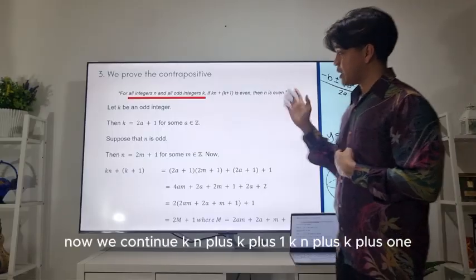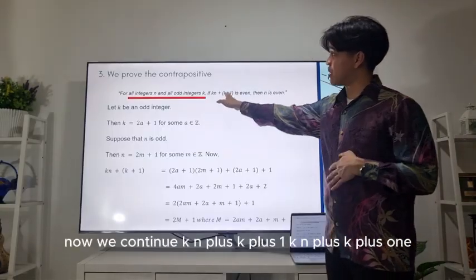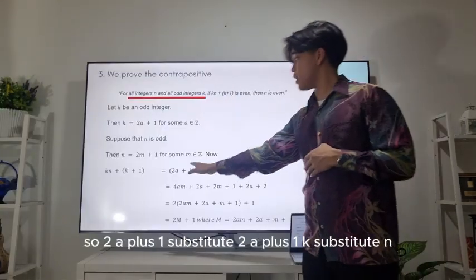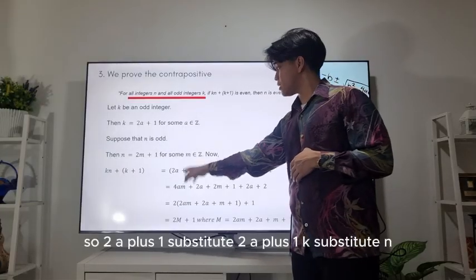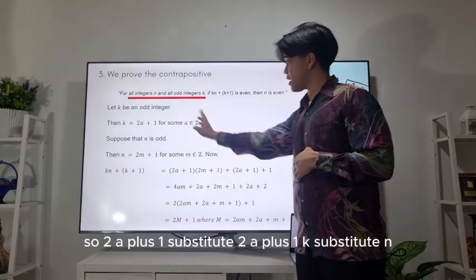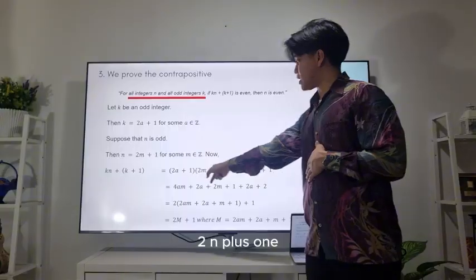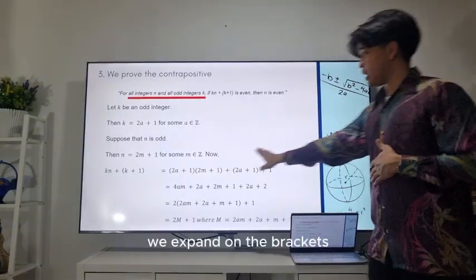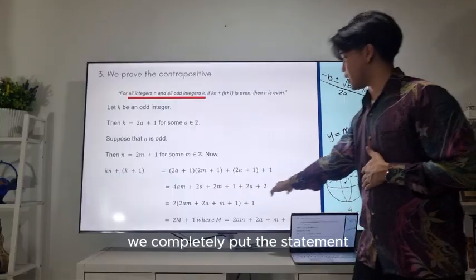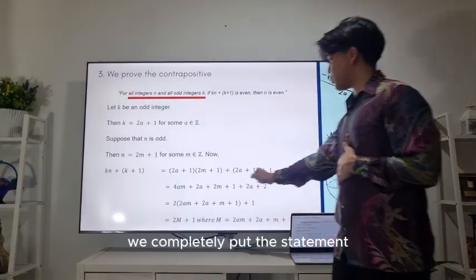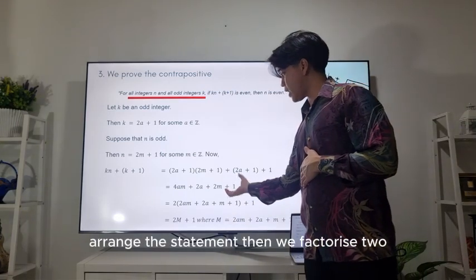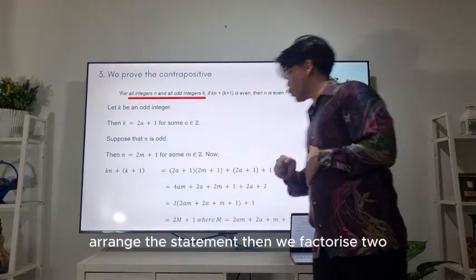Now we continue. kn plus k plus 1, we're going to prove it is odd. So substitute 2a plus 1 for k, and substitute 2m plus 1 for n. This will be the substitution. We expand the brackets, arrange the statement, then factorize 2.